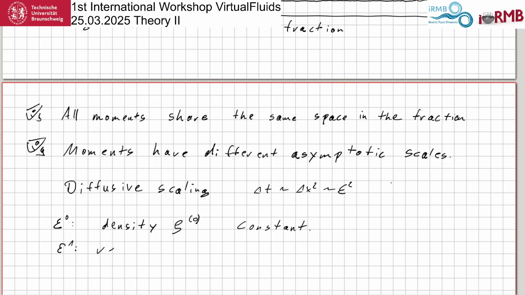This is the velocity, meaning that if you refine the grid, the numerical value of the velocity needs to get smaller. Then pressure comes at second order.